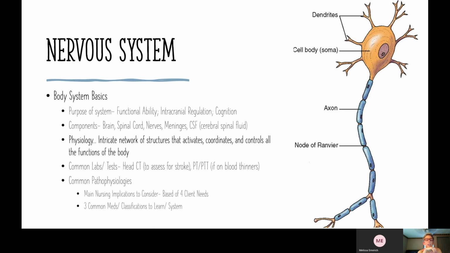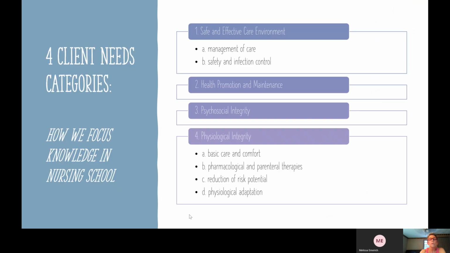And common pathophysiologies that we're going to look at again, we're going to connect that back to the client needs and then some medication. So when we're talking about the neurological system, the client need that I chose here from our IGI book, I always call it IGI. I should probably use its full name, Ignatavicius Workman Rebar, also known as IGI, the medical surgical nursing book that we use.